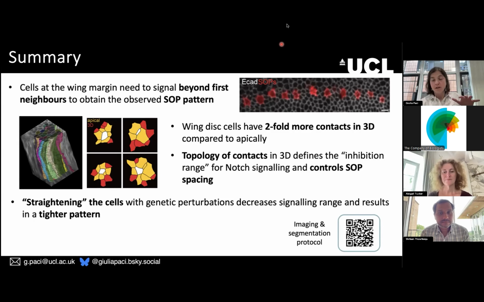They're just bigger, so it scales in that sense. They are also slightly shallower, so they become flatter and a bit wider. That's one thing that we are also checking with our modeling. We can input the perturbed topology and see the effect of that on the spacing. But the important thing is that the apical packing stays the same.